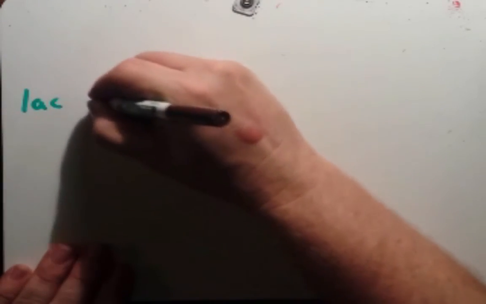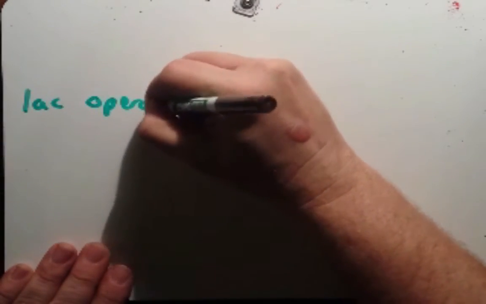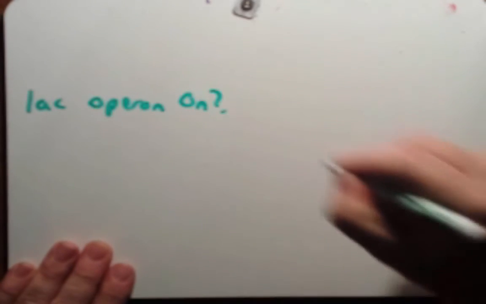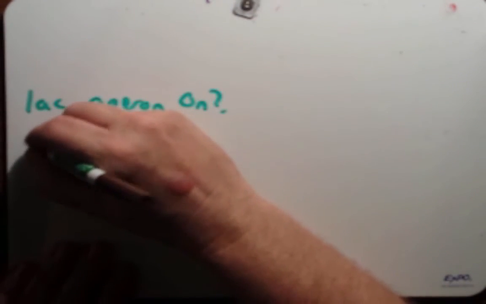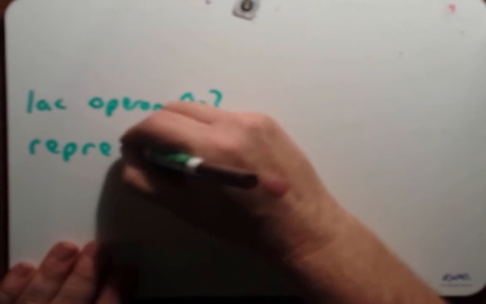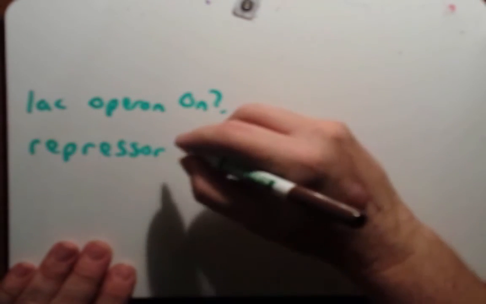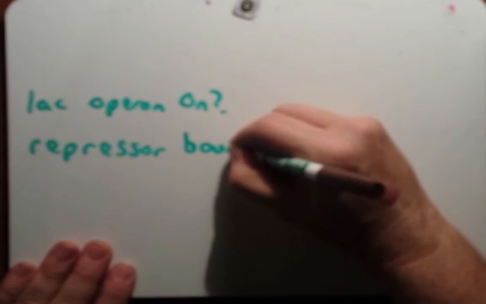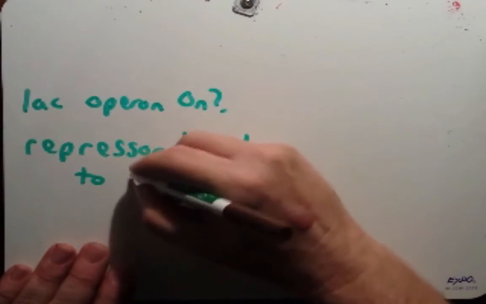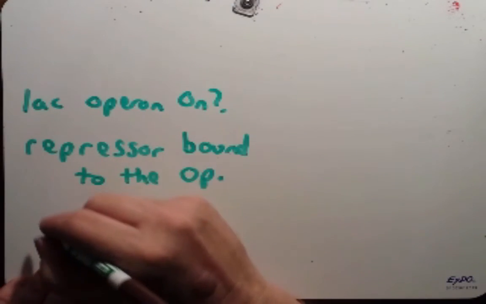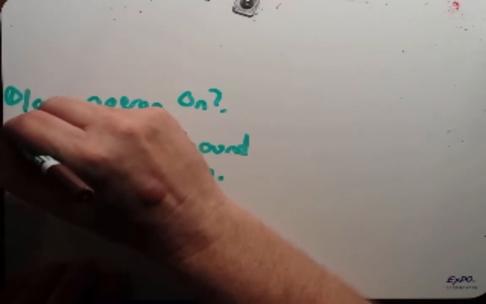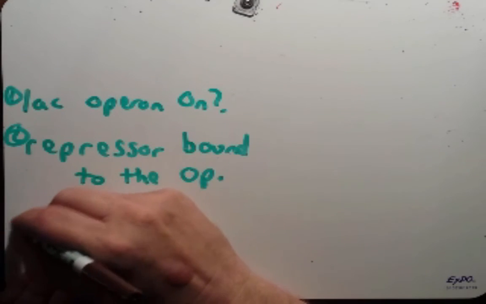First one is going to be: is the lac operon on? Then the other question I'm going to ask is: is the repressor bound to the operator? And then the next question, let's go ahead and number these 1, 2, 3.